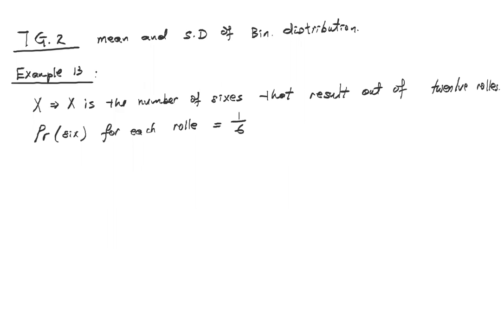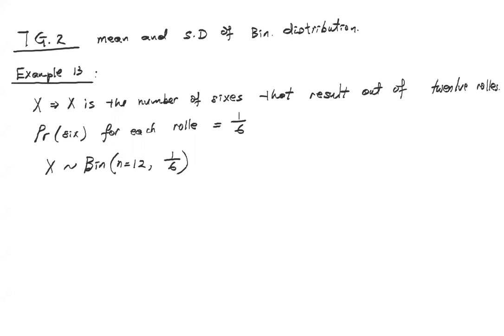And for each roll, you have 2 possible outcomes, either you get a 6 or you don't. So my X is a binomial distribution with n of 12 and probability of success 1/6.